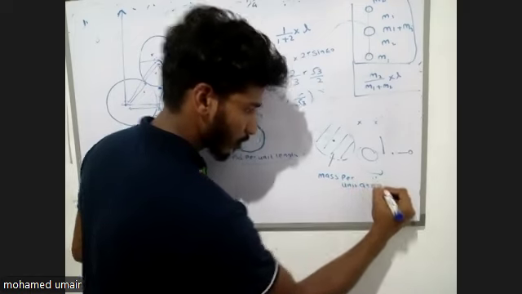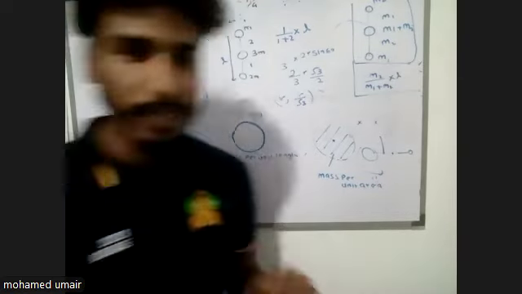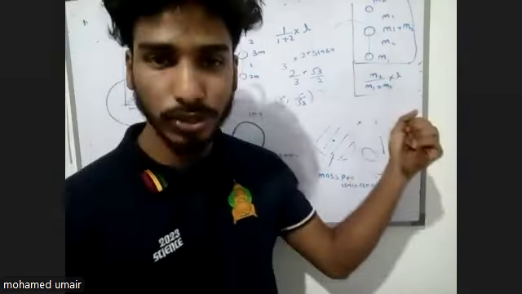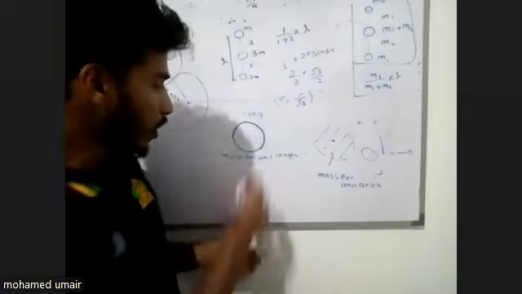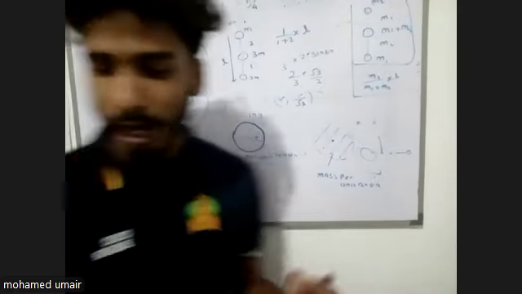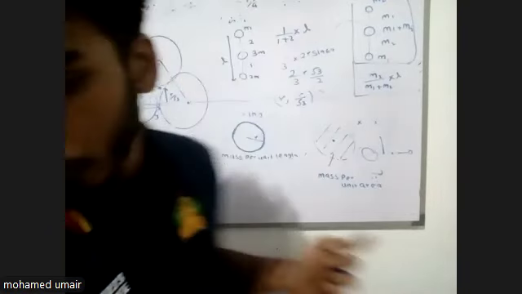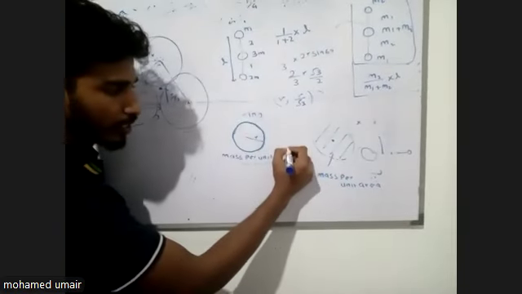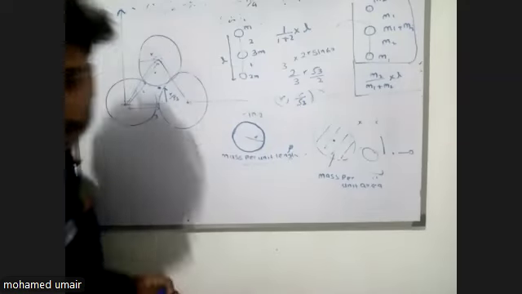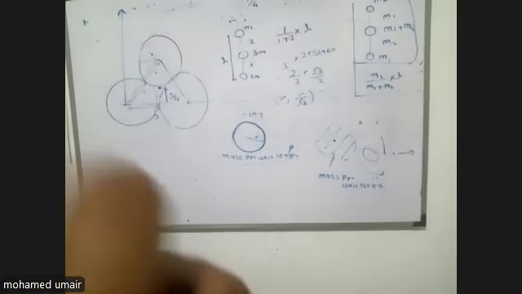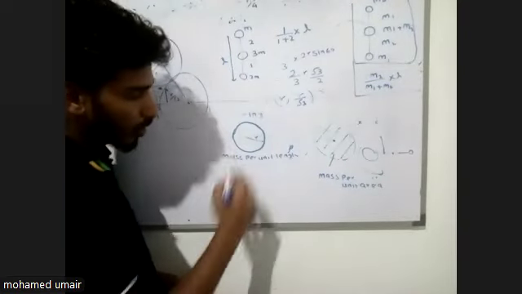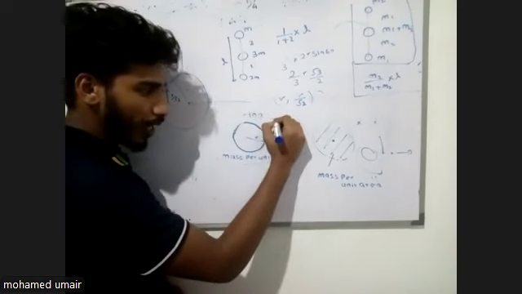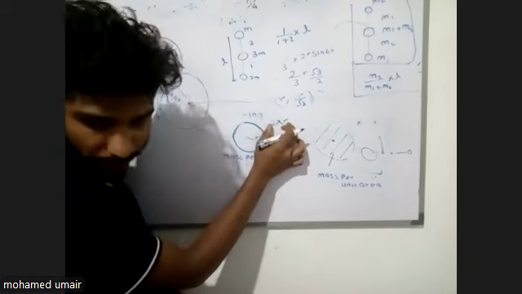What I'm saying is, when you're dealing with center of gravity questions, the mass is important. But whenever they give you only the radius, you don't have an idea what the mass is. So if we consider the mass per unit length as, let's say, P, the circumference will be 2 pi r, which is actually a length.